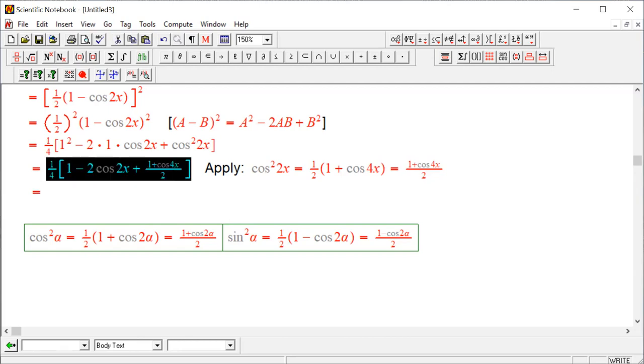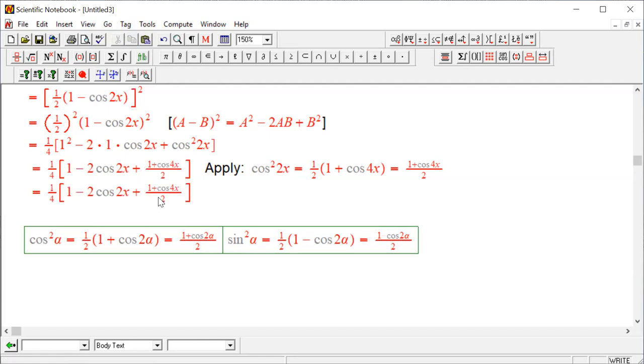The next step is that we have a denominator here. So I'm going to make a common denominator on all of these parts, or bring this denominator outside the bracket. What I would do is multiply 2 over 2 here, and 1 is equal to 2 over 2.